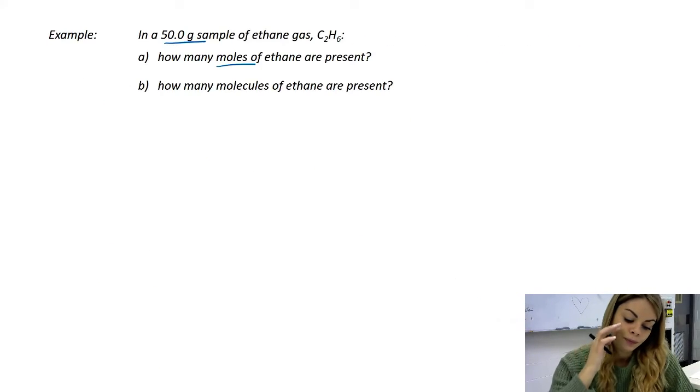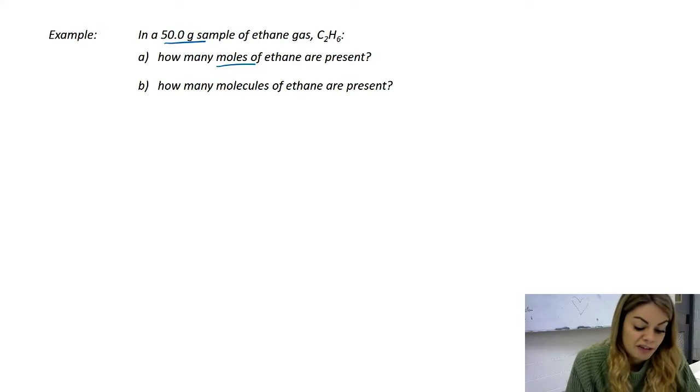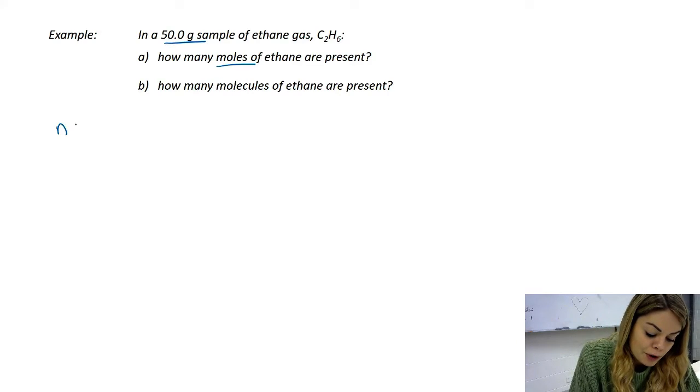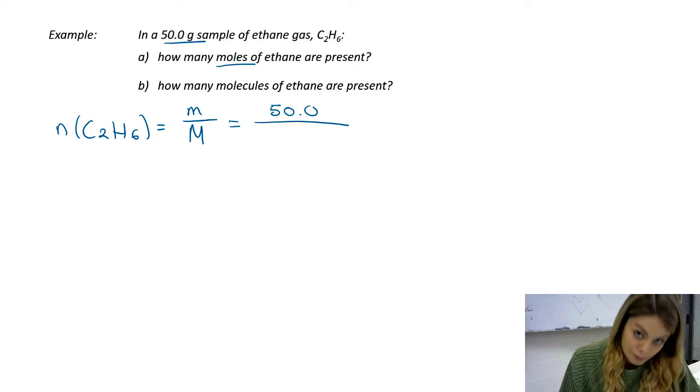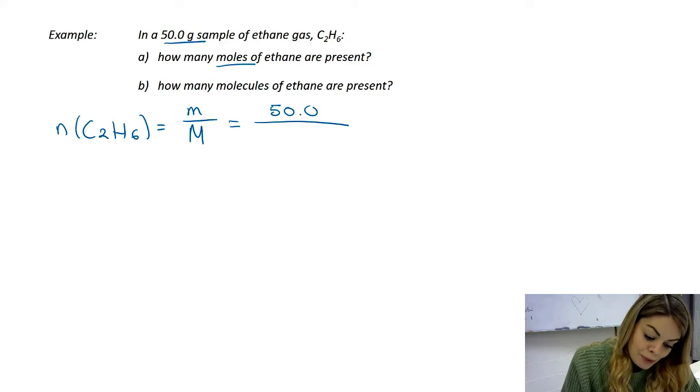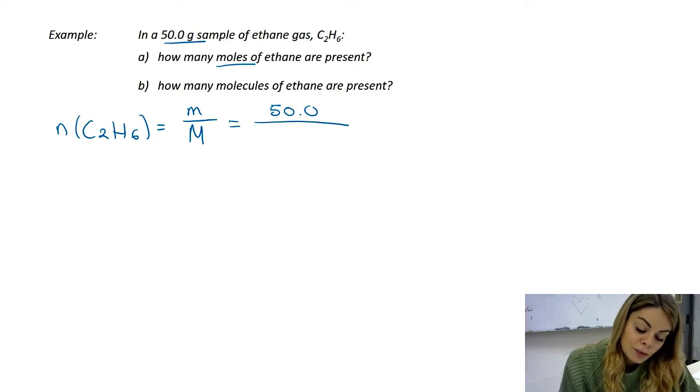Okay, so the formula for that, I suppose: the number of moles of ethane, C2H6, is equal to the mass divided by the molar mass. So I'm taking the mass and I'm dividing it by the molar mass, obviously. So C2H6, what's the molar mass?